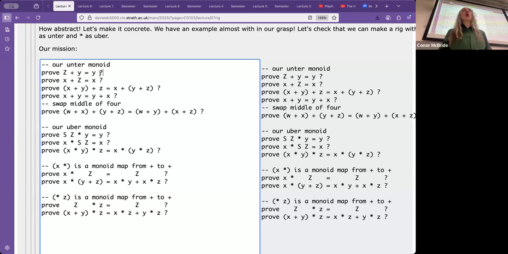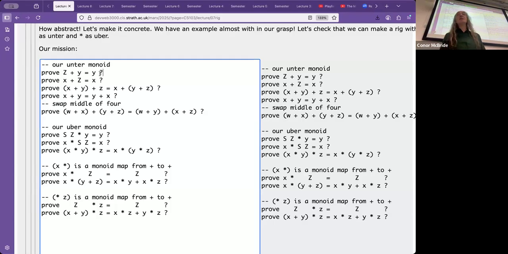And the other thing we have to show is that multiplication distributes over addition from both the left-hand side and the right-hand side. And we noticed that one way round was a lot easier than the other. So this is the collection of things we need to prove, just brought into one space. Most of them we've done already.